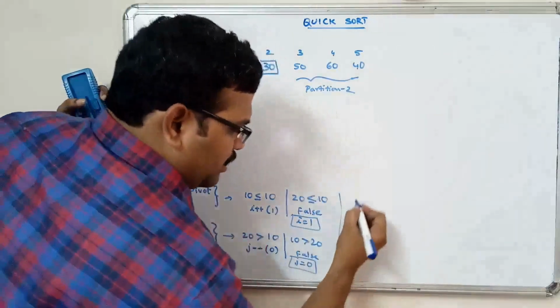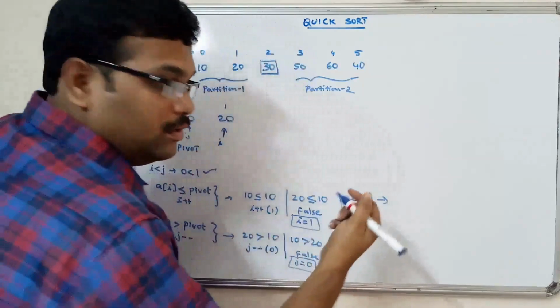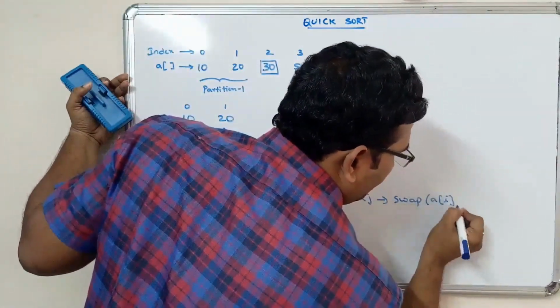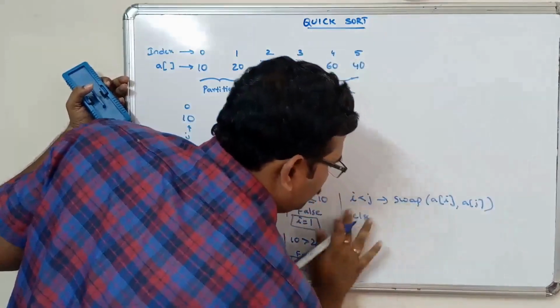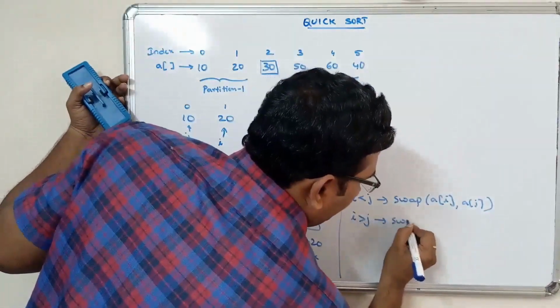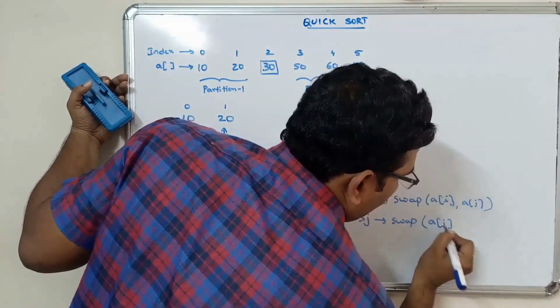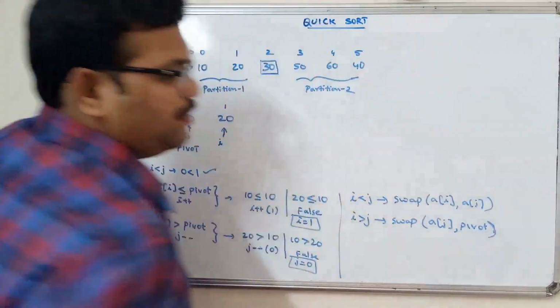Here, if you observe, if I is less than J, then what we have to do? Swap A of I comma A of J. Else, I greater than J, then swap A of J comma pivot, right?